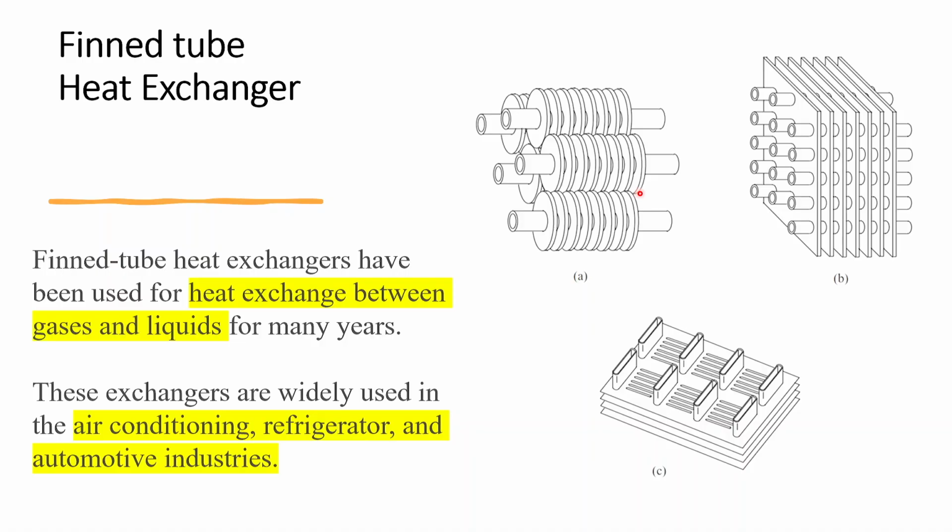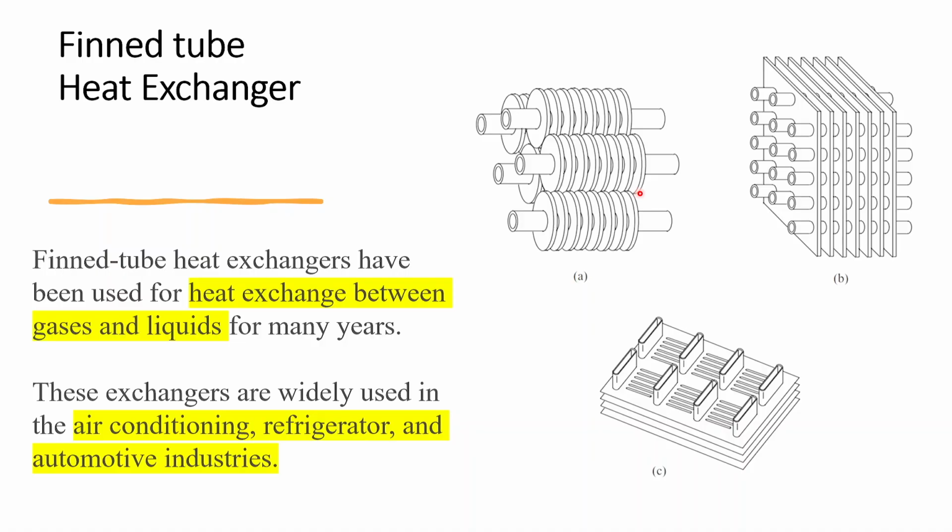What do you think? In tube, water; outside, gases, because we want to increase heat transfer from the gases to water. So the fins area will be area increasing. Correct. That is correct.